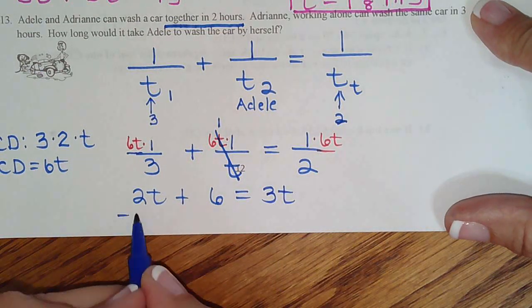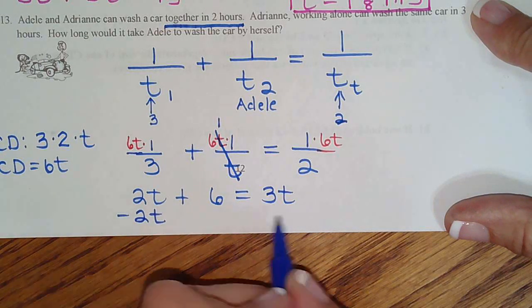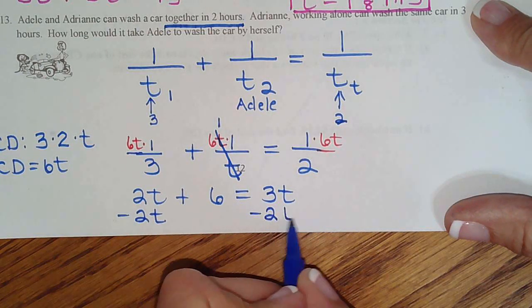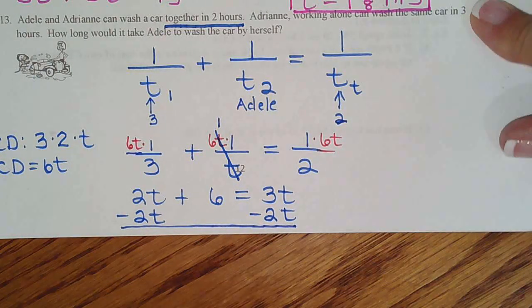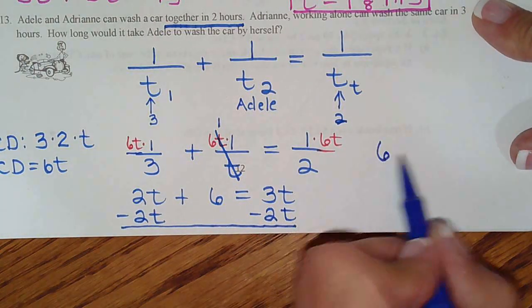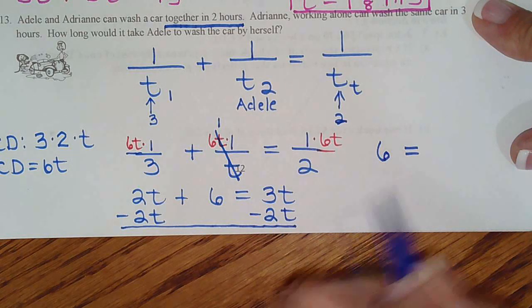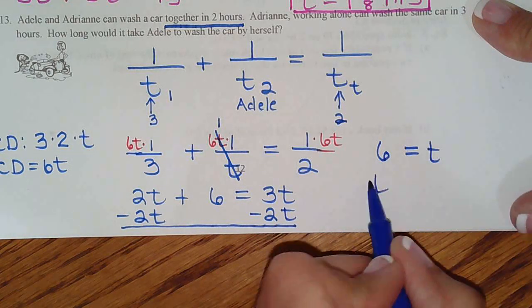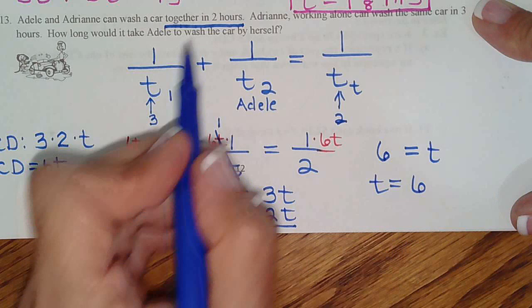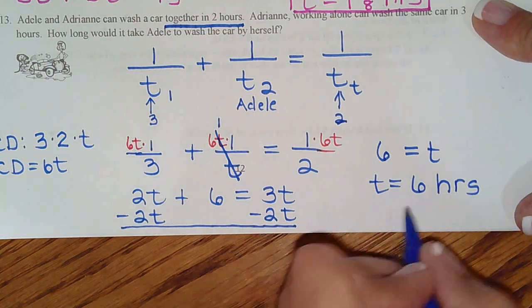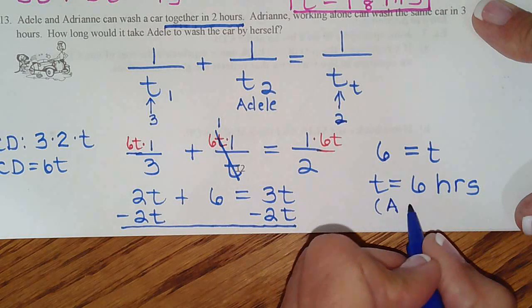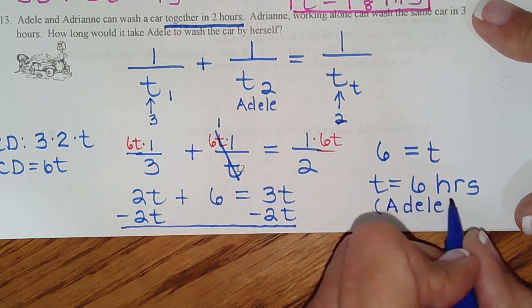So I need all my t's on the same side, so I'm going to break my little rule and bring them to the right since that 3t's already over there. And I get 6 equals 1t, which is t, so that means t equals 6, and I see it's hours. So this is Adele's time working alone.